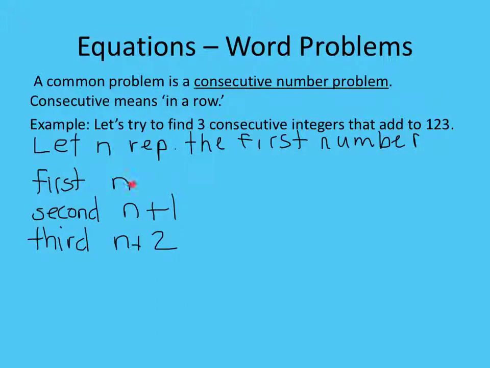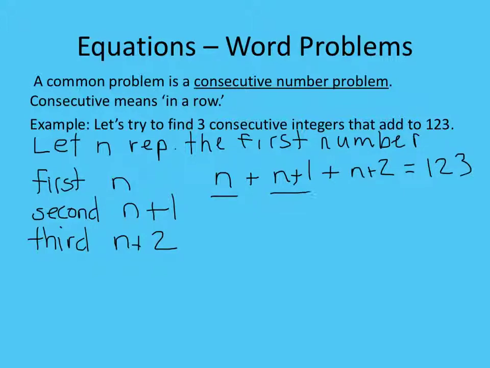You have a number, 1 more than the number, and then 2 more than that number. So now that we know what our variables are, we know that they can add up to 123. So the first number plus the second number plus the third number equals 123.